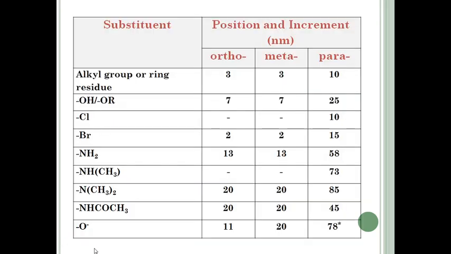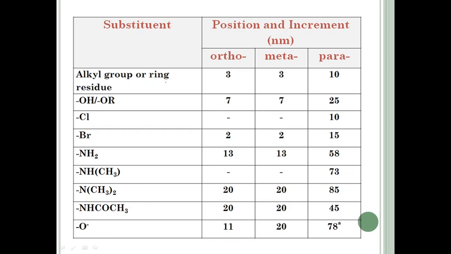Now let me see the substituents and their respective increments. If an alkyl group is a substituent in the aromatic system, we must consider the position of the substituent, whether it is at the ortho position, meta position or para position. So depending upon the position we give a particular increment.